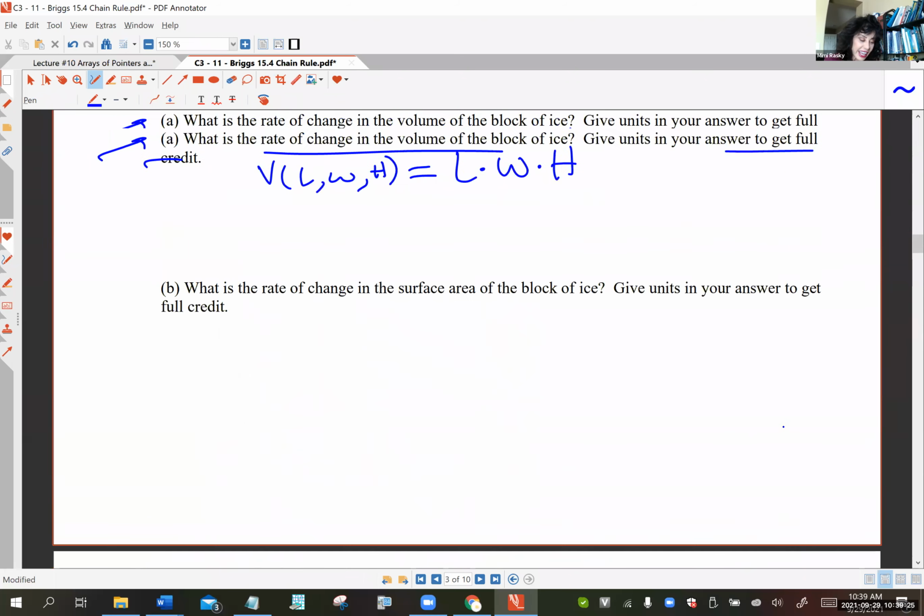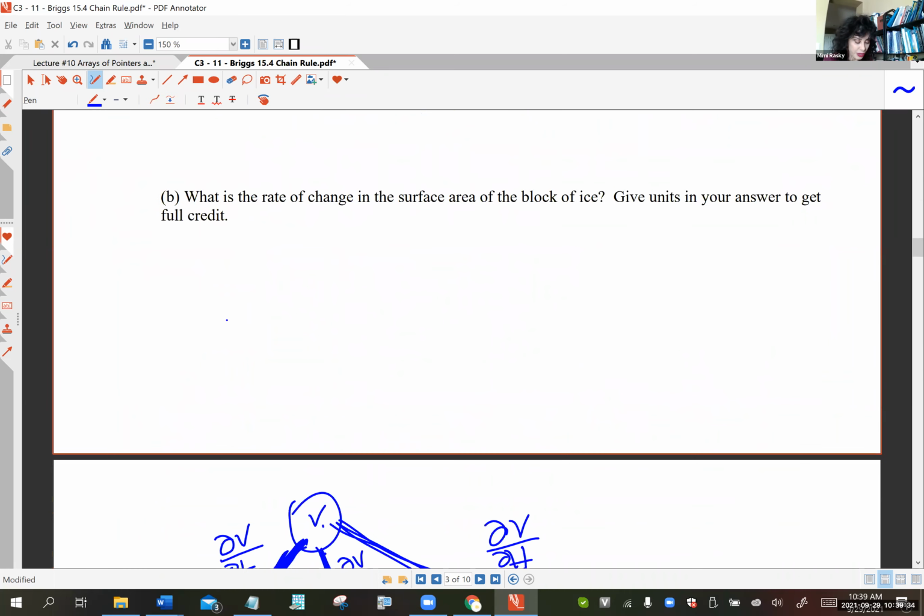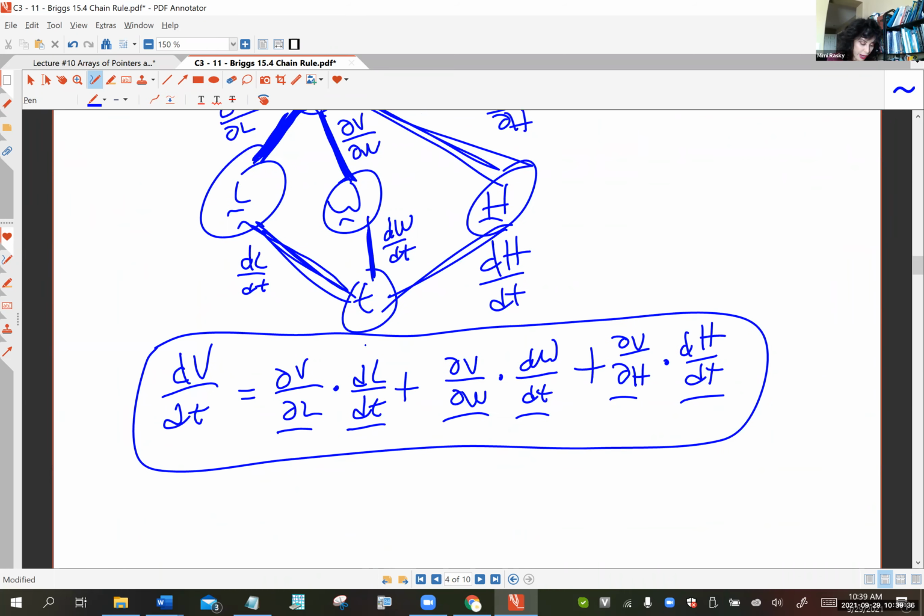Now, they gave you dL/dt, dW/dt, and dH/dt, so you don't even have to go get those. Right where it says dL/dt, put -1 foot per hour. No derivative needed there because they just gave you the value at that snapshot time.